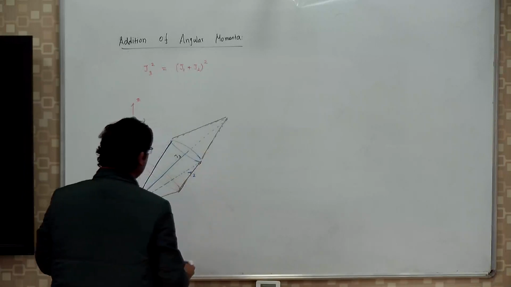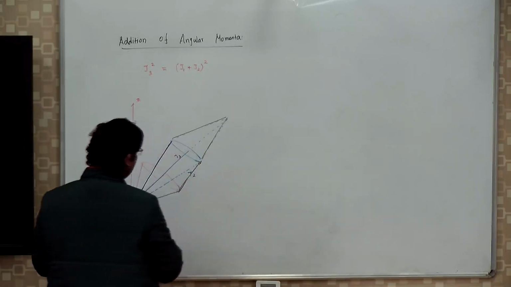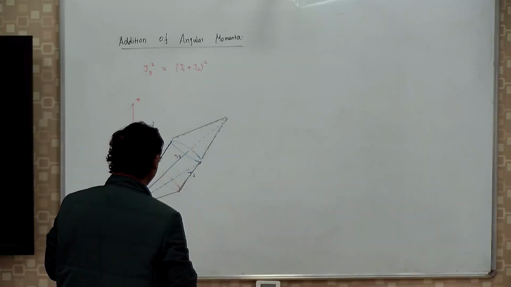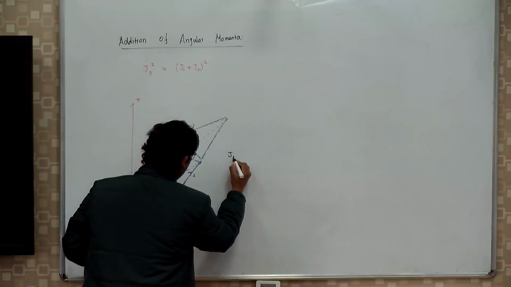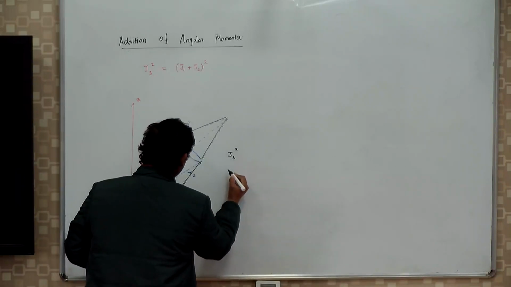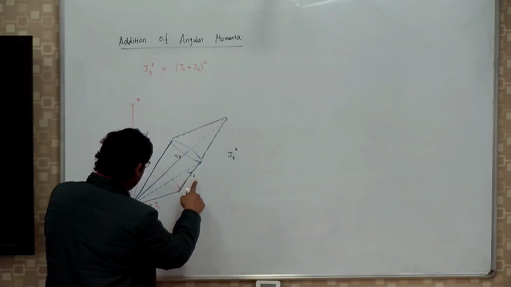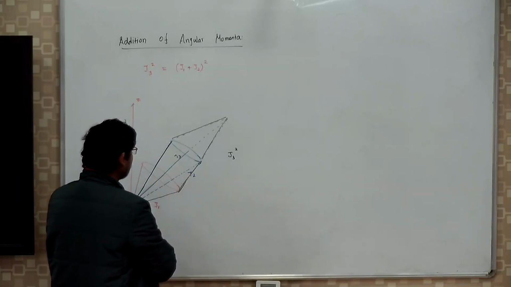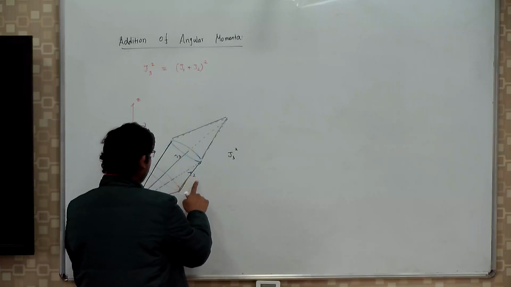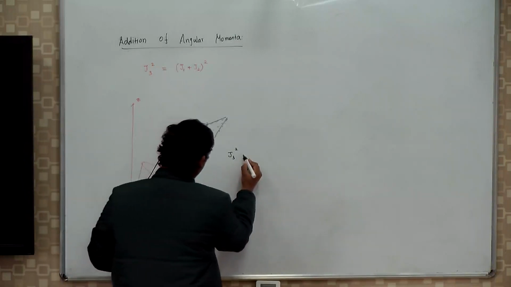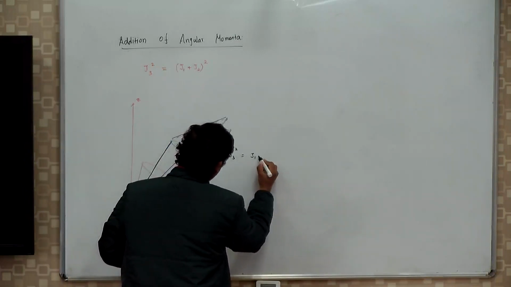According to the parallelogram law, to find J3 we take the sum of J1 and J2, and its square gives you J3 squared.